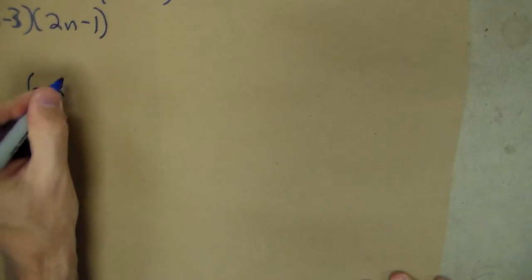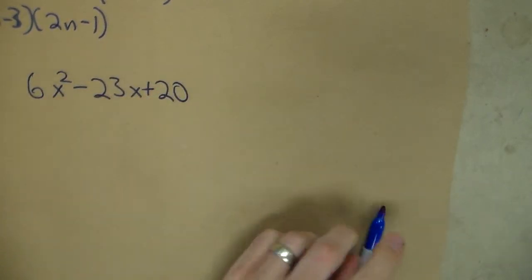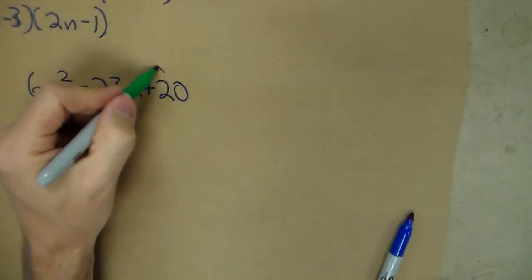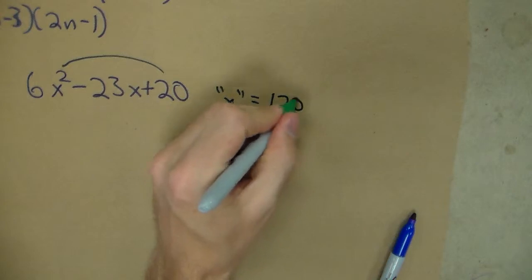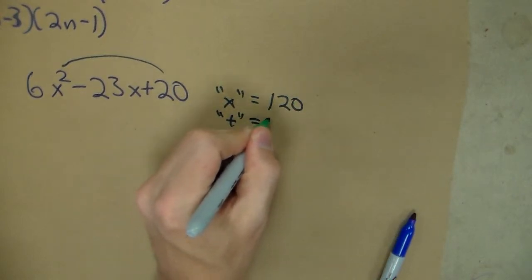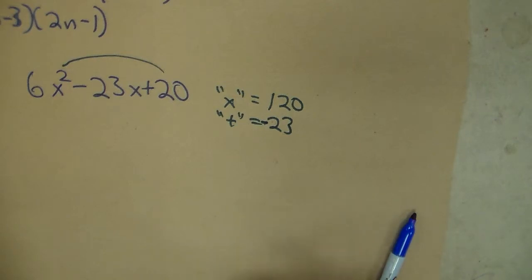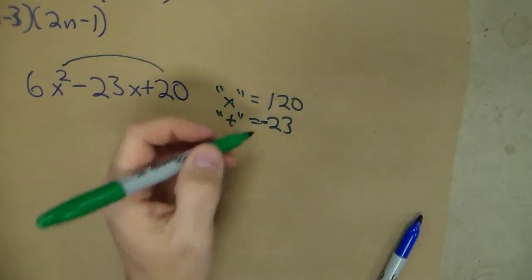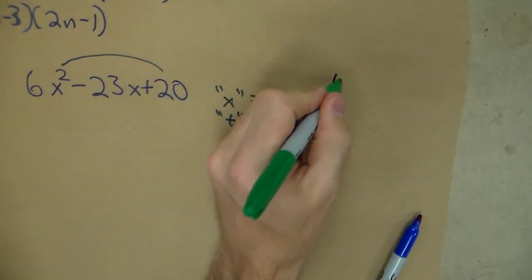Still going. Let's go 6x squared minus 23x plus 20. We look, we're gonna multiply to get 120. We have to add to be negative 23. Now, how can we get a positive product with a negative sum? That means they're both gonna need to be negative. So let's look at factors of 120.